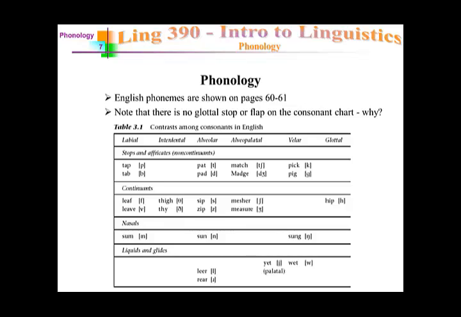Therefore, these sounds are not separate phonemes in English. We make these sounds regularly and consistently, but only in those situations where some kind of phonological rule tells us to change some other phoneme into a glottal stop or a tap. We'll see some examples of this later.